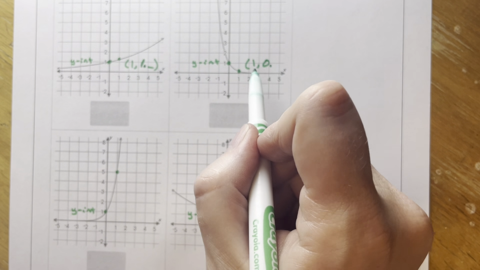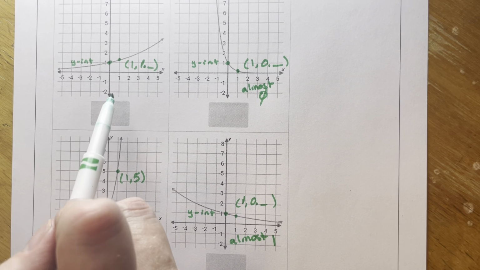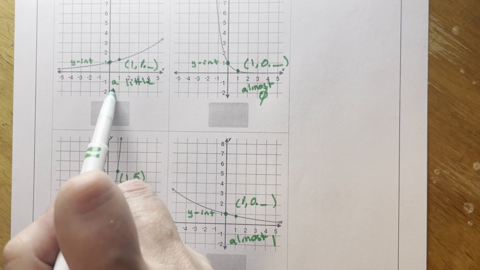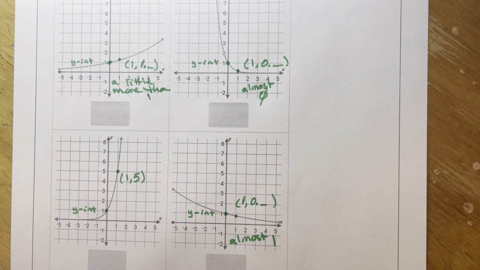And this is just below 1, and so we can write that, almost 1. Sure, and that just helps us to know what we're doing. And this we can say is just a little bit more than 1. So that just helps us with some reference points.